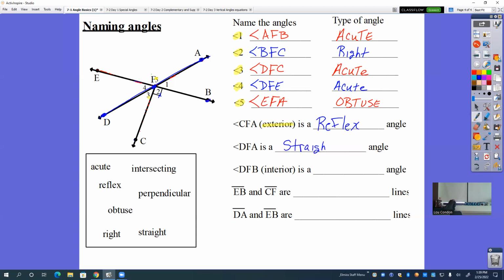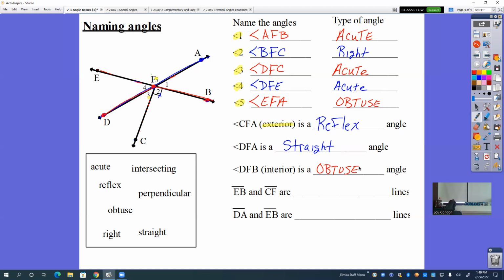That makes it a straight angle. And then we have DFB. As you can see, it is greater than 90 degrees but less than 180, so it makes it an obtuse angle.